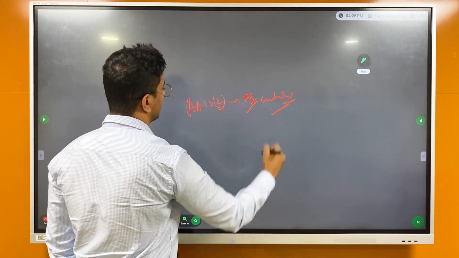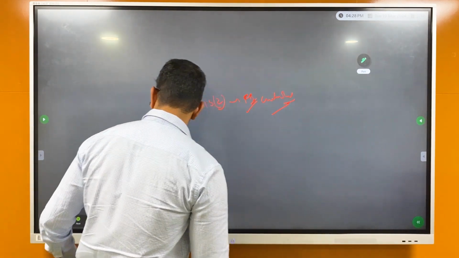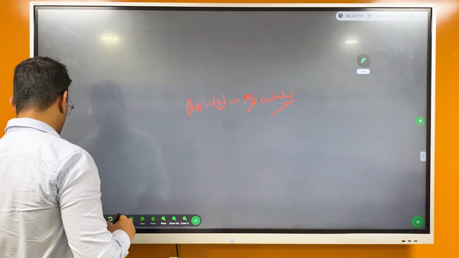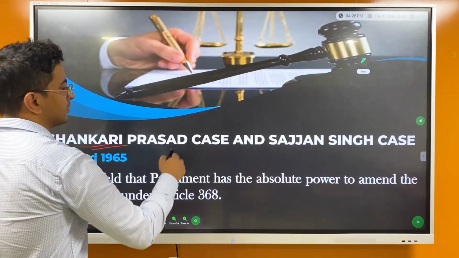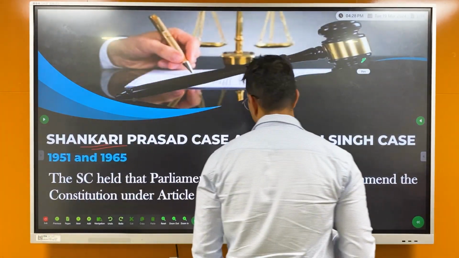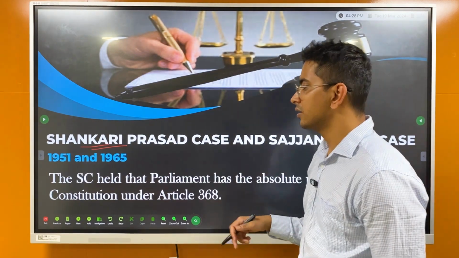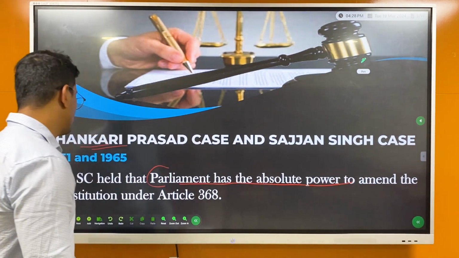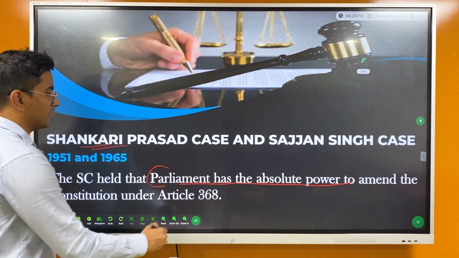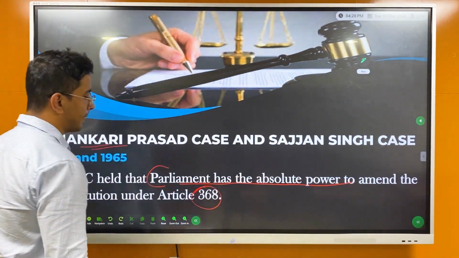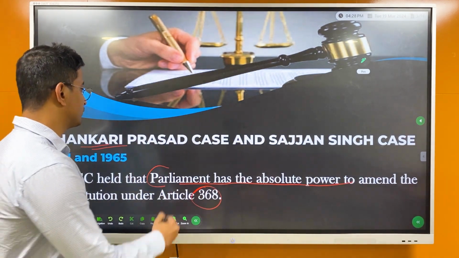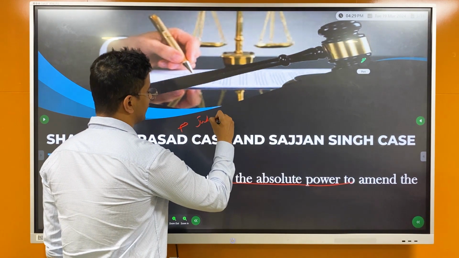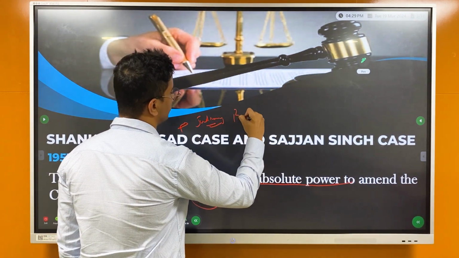So this was the first time the case was taken up, in the Shankari Prasad and Sajjan Singh cases. Here the Supreme Court ordered that Parliament has absolute power to amend the Constitution under Article 368. So this was the first time the judiciary said that Parliament has absolute power.